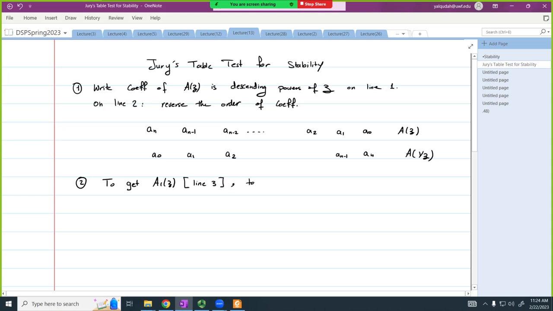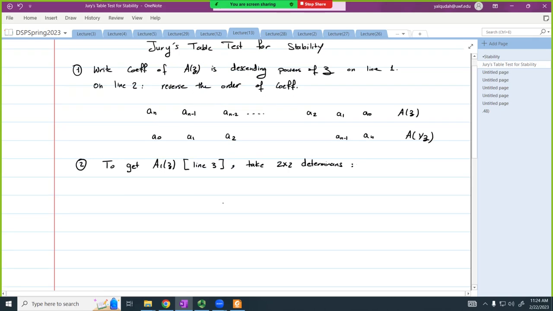And to do that, we take the 2 by 2 determinants as below. Having a_n, a_0, a_{n-1}, a_1, and a_1, a_0, a_{n-1}, a_n.